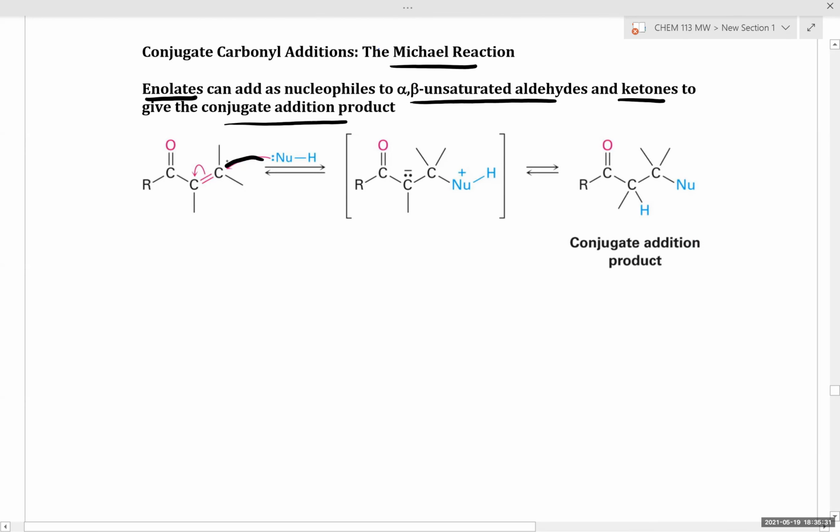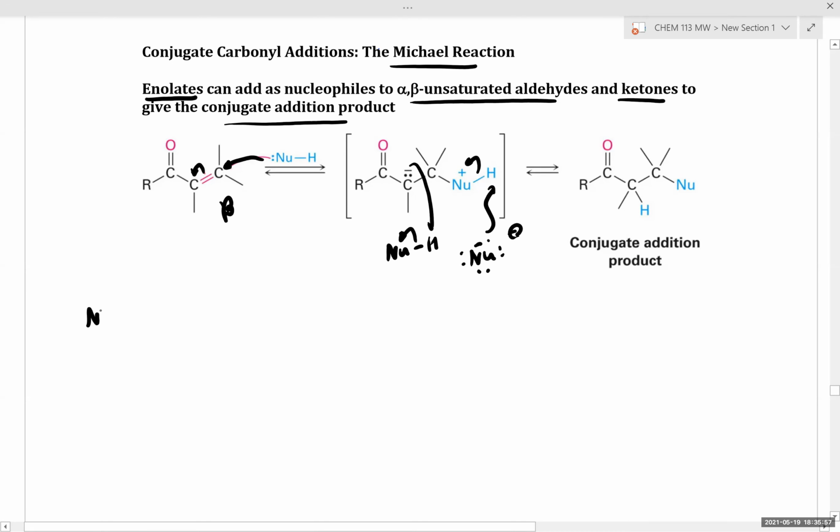Our nucleophile attacks the electrophilic beta position. We form a bond and we generate an enolate. After a proton transfer, we are able to isolate our neutral conjugate addition product.